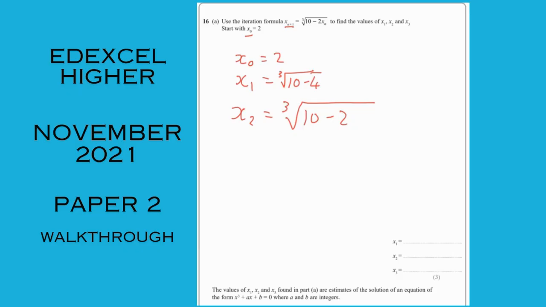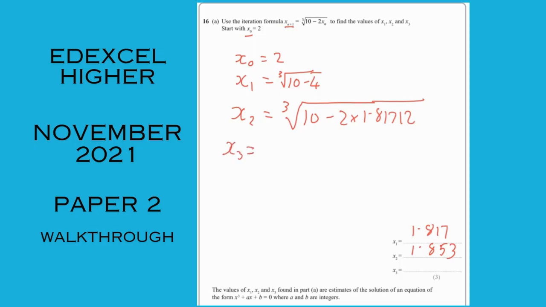But let's do it the old-fashioned way. So when you get the cube root of 6, you get 1.81712, etc., etc. So 1.81712 just goes back into the formula. The answer I get for that is 1.8533, and so on.